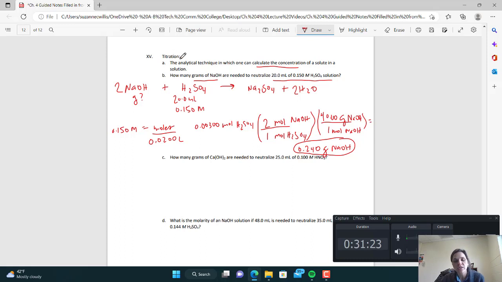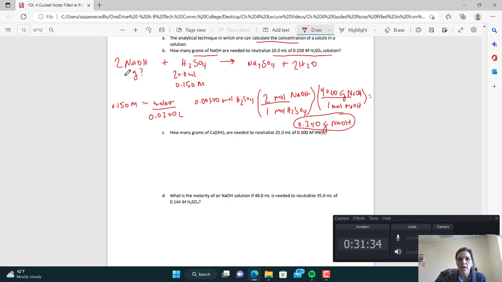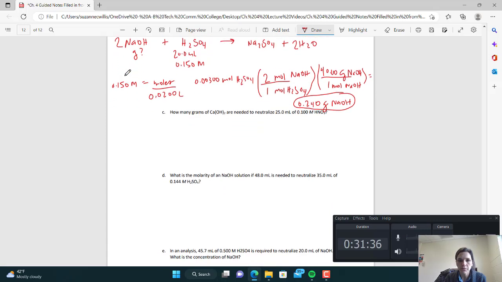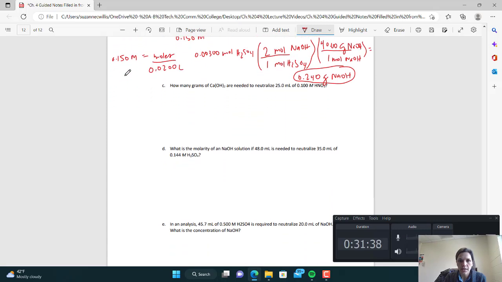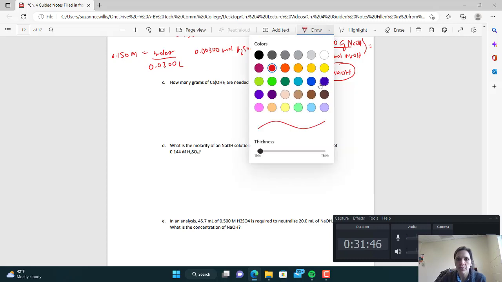Generally, with titration specifically, we're going to be looking for an unknown concentration. But all of these calculations kind of are practice of using solution stoichiometry and a balanced equation. So here, this one's going to be very similar. So I would pause and try to work through it yourself and then compare your work with mine, okay?